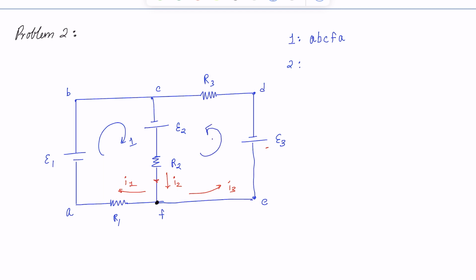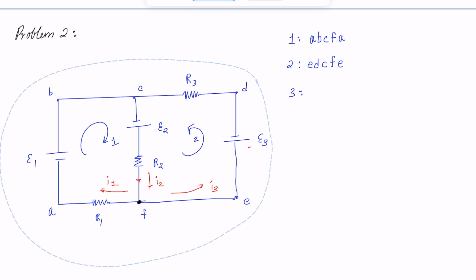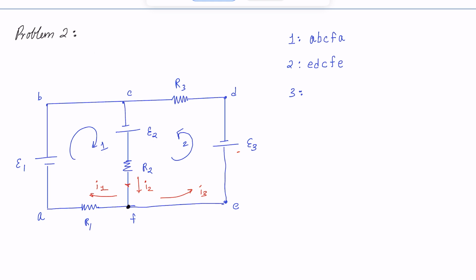That's loop 2. Loop 2 starts at E and ends at E: E, D, C, F, E. Loop 3 is this big loop, this whole thing. If I really want to show you what that loop is, it's going to be this one.